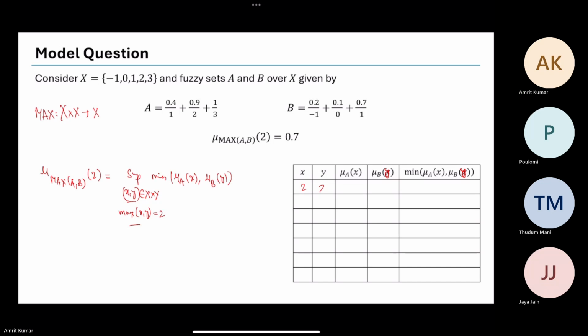Suppose x is 1 and y is 2. So I'm just going to enumerate all the cases. So we have found all the pairs x comma y such that maximum of x comma y is equal to 2. These are the only such pairs. And then we look at the membership of mu A of x and mu B of y for such pairs x comma y.